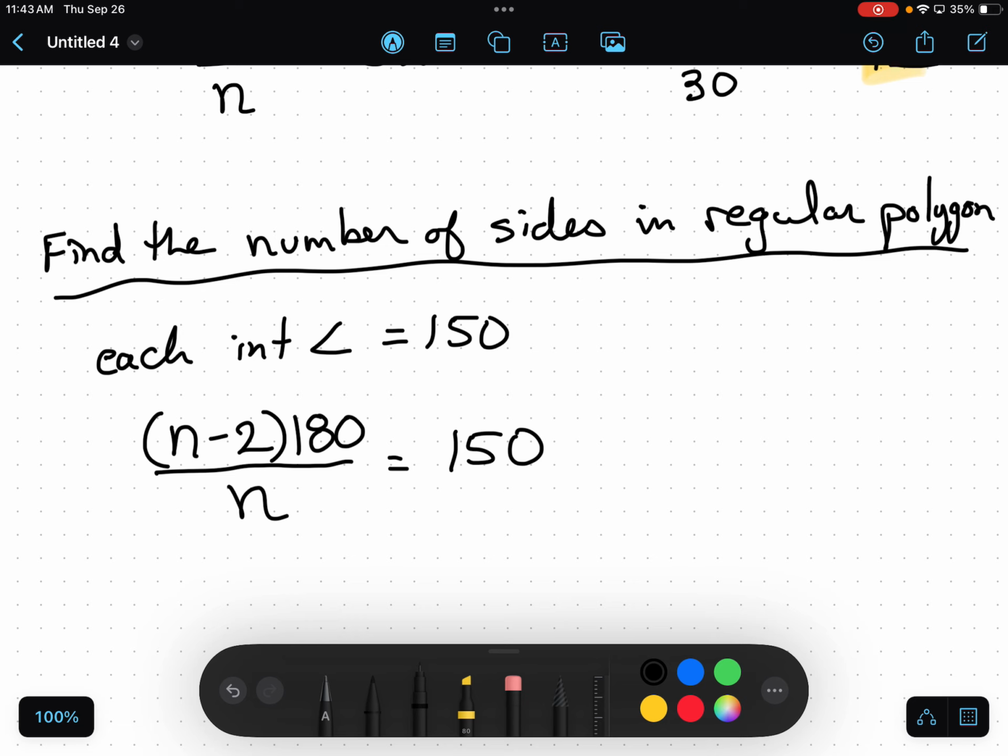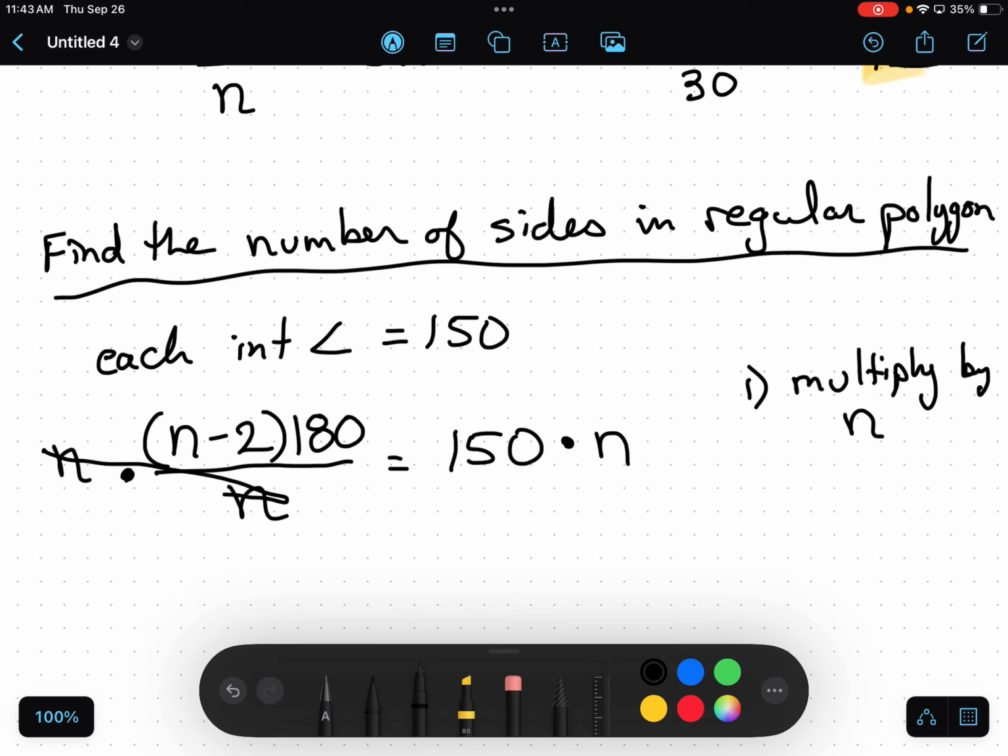So the first thing I'm going to do is, I don't like fractions any more than you do. So we're going to multiply everything by n. So your step 1, you're going to multiply by n. And that gets rid of my fractions. But if you do something to one side, don't forget you have to do it to the other.